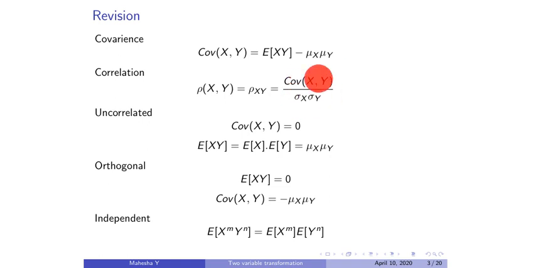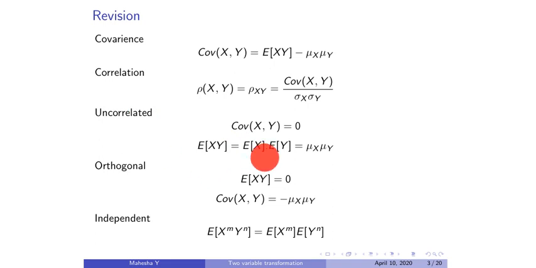So the right-hand side is equal to 0, which means E of xy is equal to mu x into mu y. Mu x is nothing but E of x and mu y is nothing but E of y. So you can write E of xy is equal to E of x into E of y only if it is uncorrelated.